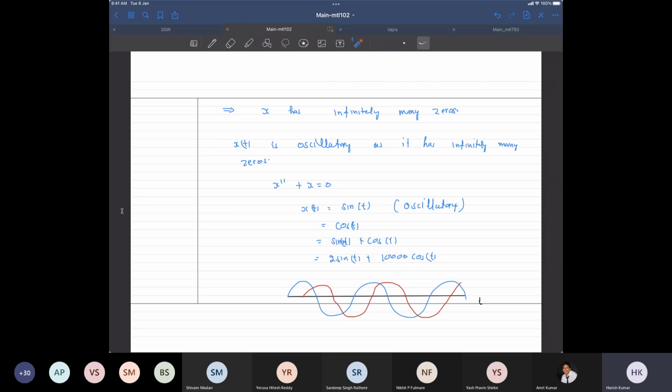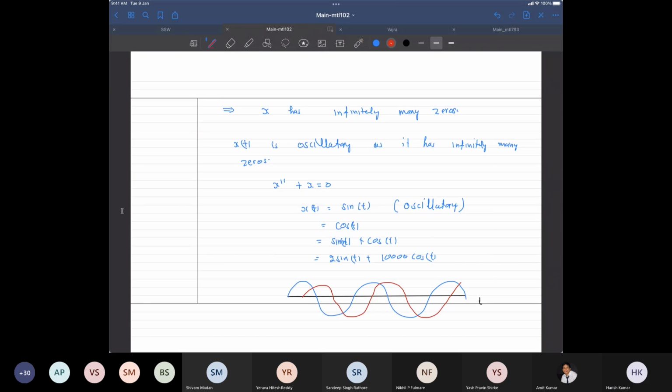Pi by 2, 3 pi by 2, 5 pi by 2, and so on and so forth. So between any two zeros of sine, there is exactly one zero of cos. Agree? Yes, sir.